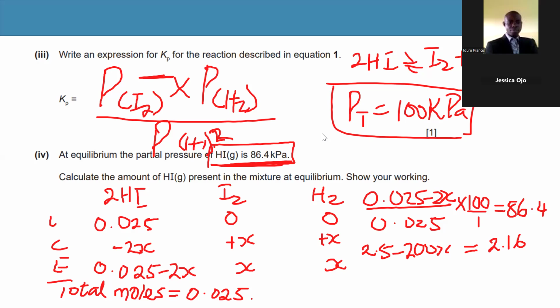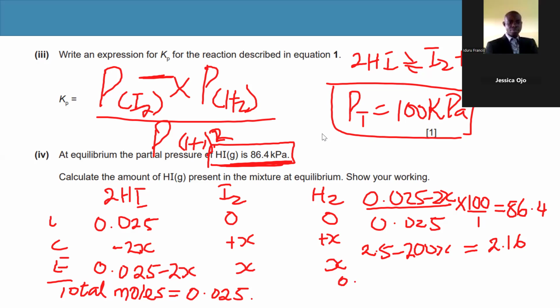What do we do next? You now take the like terms. So 2.5 minus 2.16 gives 0.34.